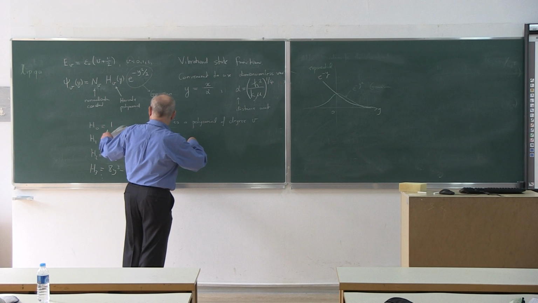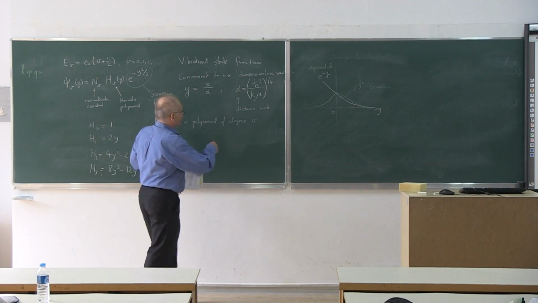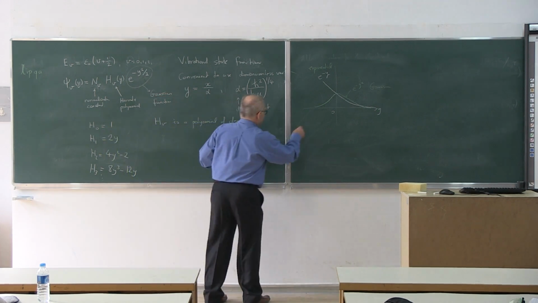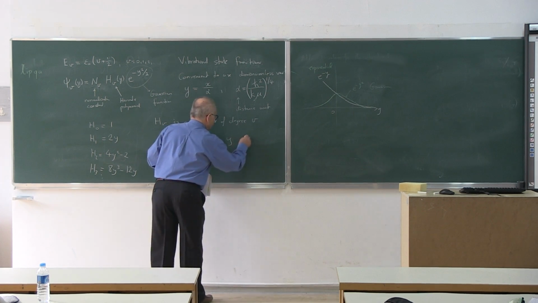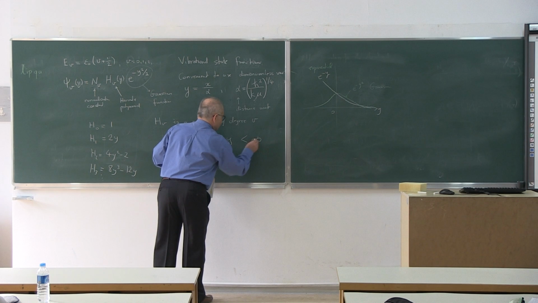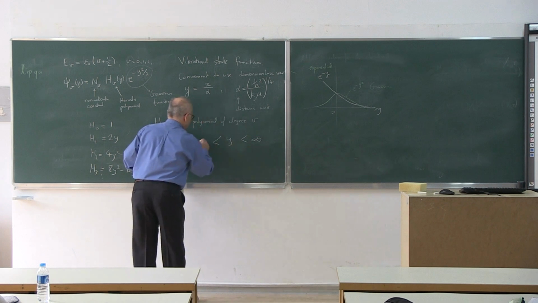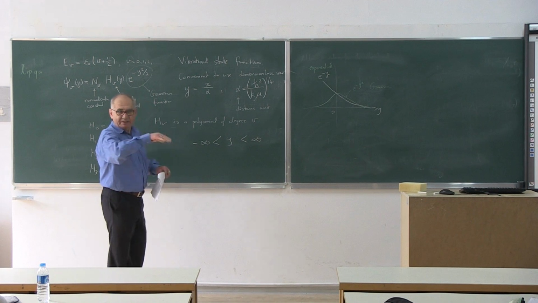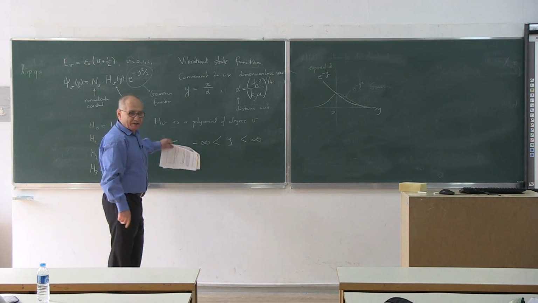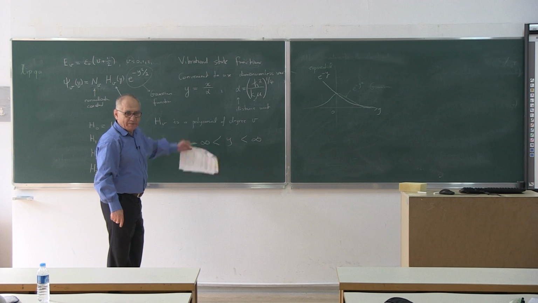Another property of these polynomials is that, let us first indicate that the range of y is between plus infinity and minus infinity. Both negative numbers and positive numbers are available for this variable y.